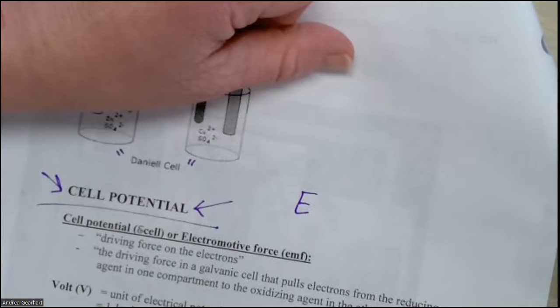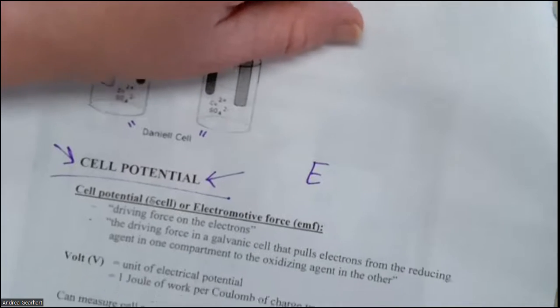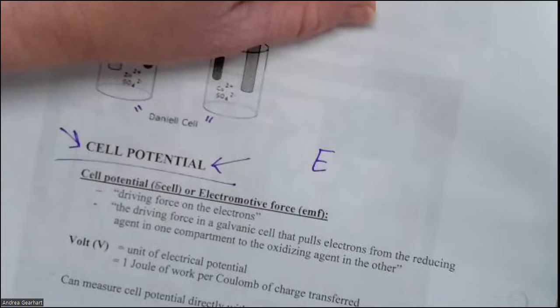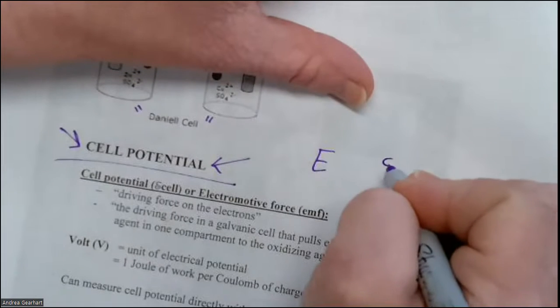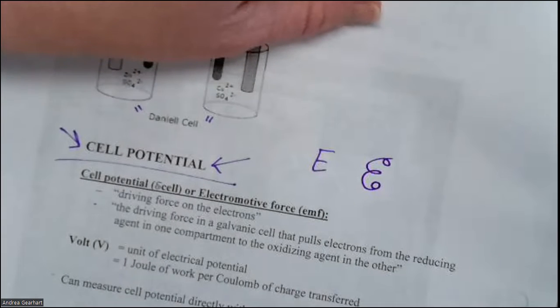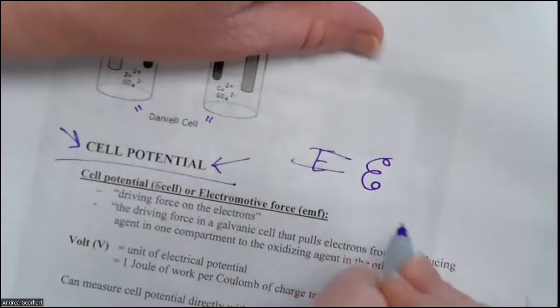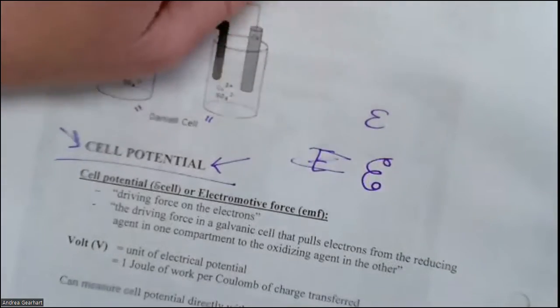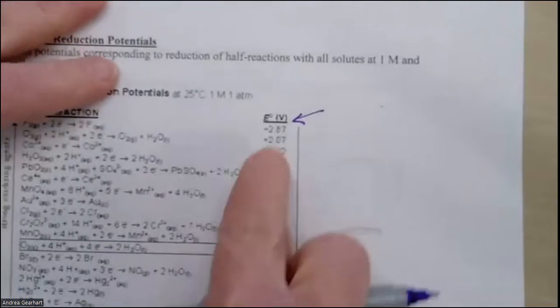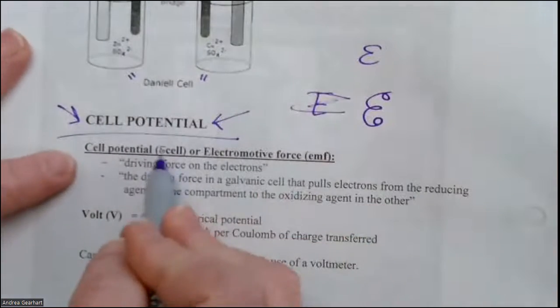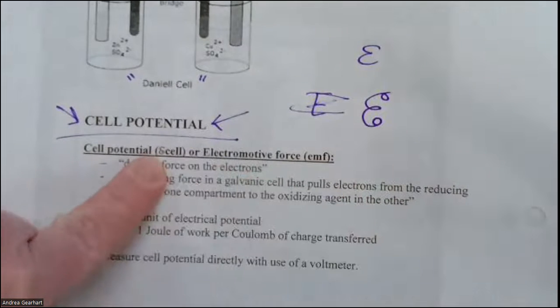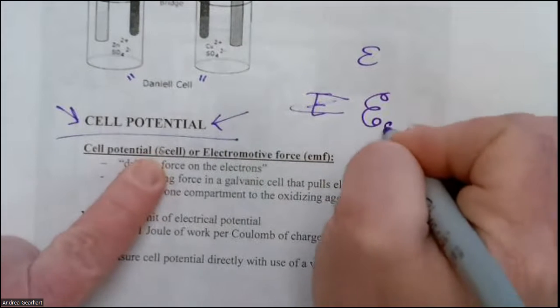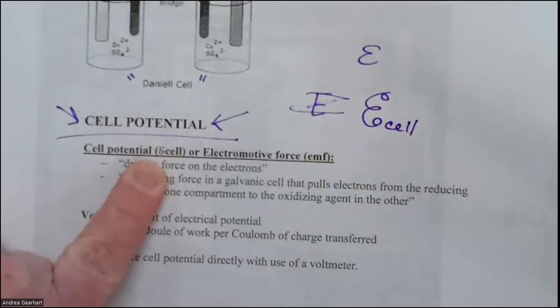Now you'll see usually just the printed capital E, usually that's energy. So we try to make it a little bit different, like a fancy curly E. I usually just make it like a kind of E. But we also have to understand it could just be a capital E. We use an E to represent it, and if we're talking about the entire cell, then we'll give it the little subscript of cell.